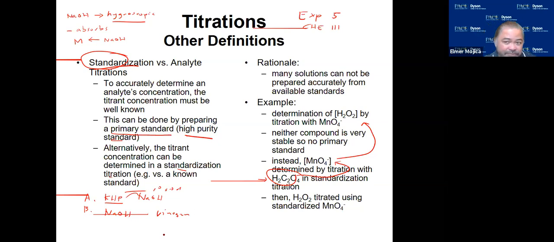So when you say stable, whatever happens in the environment, it will remain the same. Unlike NaOH, it's hygroscopic. So when you leave it standing, after some time, you will see it's moist because it absorbs water.